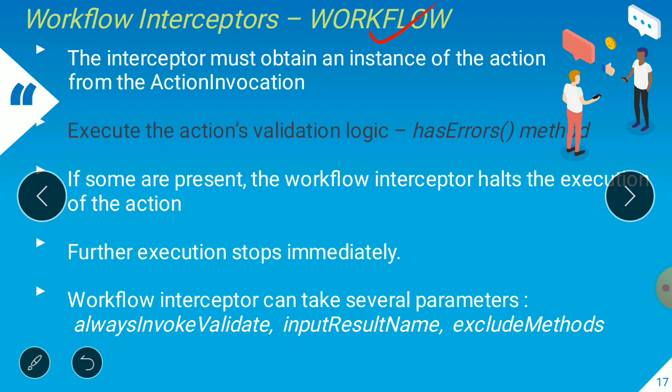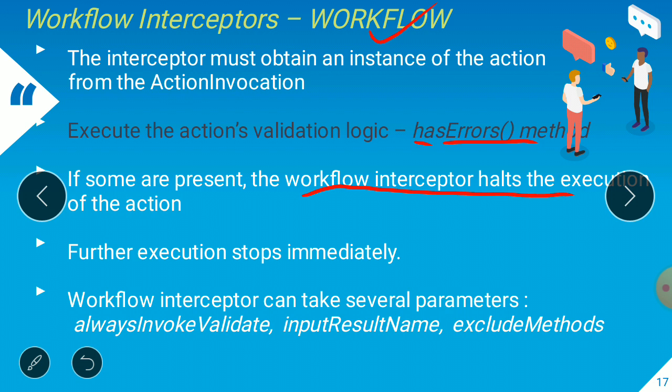It must contain an instance of the action from the action invocation. First from the action invocation we get the action, so it must have an instance object of the action invocation. Using that, it now executes the action's validation logic, the hasErrors method. When the hasErrors method is called, if some errors are present, the interceptor halts the execution.